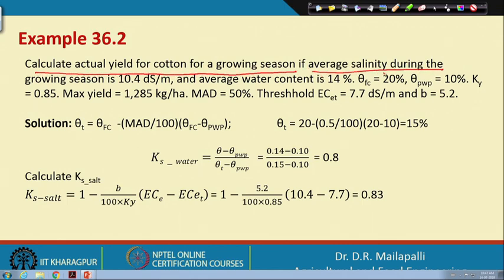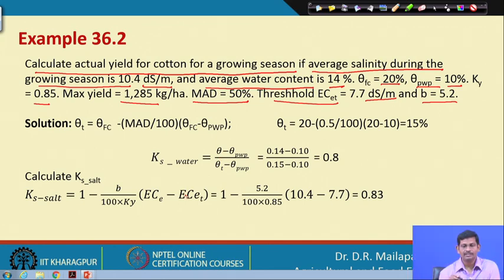The average salinity during the growing season is 10.4 decisiemens per meter, the average water content is 14%, theta FC, the field capacity, is 20%, wilting point 10%, Ky is 0.85, maximum yield 1285 kg per hectare, MAD 50%, threshold 7.77 decisiemens per meter, and B, the slope, is 5.2. This is a direct problem. If you know the equation, you can put in the values.